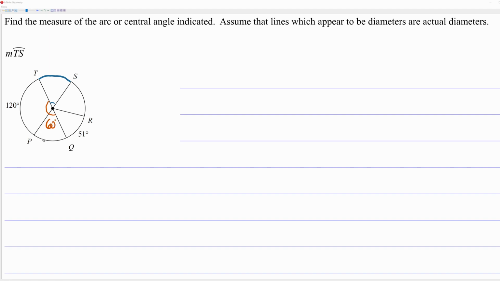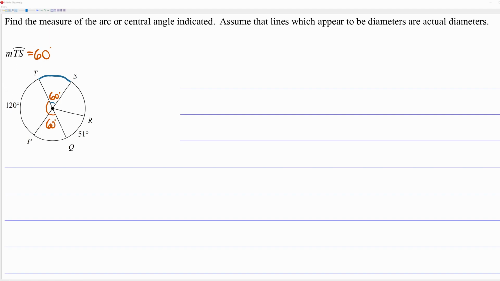So arc PQ is vertical with arc TS, or rather the central angles are vertical, which means this angle is also 60 degrees, meaning the measure of the minor arc TS is 60 degrees. So that was an example where you do have to remember some things from the first semester in this class, that is, vertical angles are congruent.